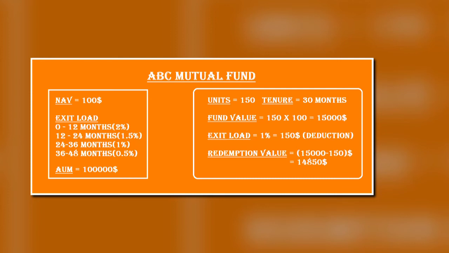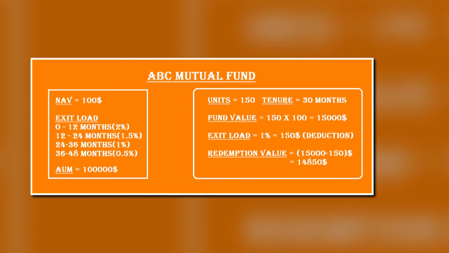NAV of the fund on this particular day is $100. Exit load of 1% is also applicable, as you are withdrawing within the 24 to 36 months period. AUM, or the assets under management, is $100,000, which is the total value of this mutual fund.